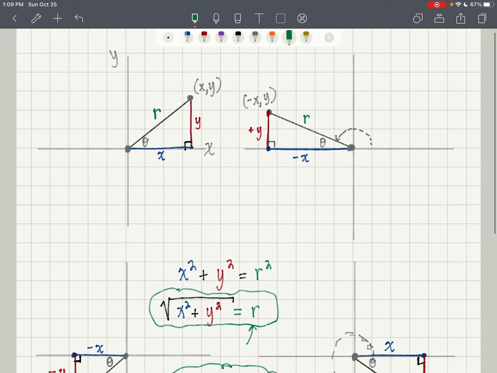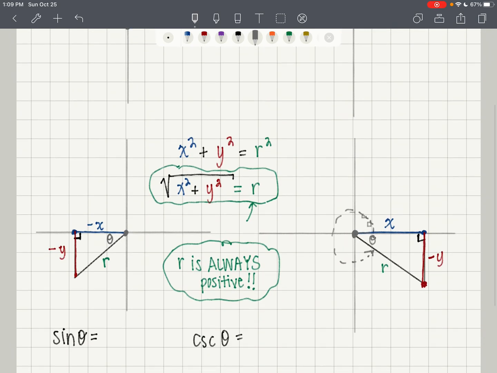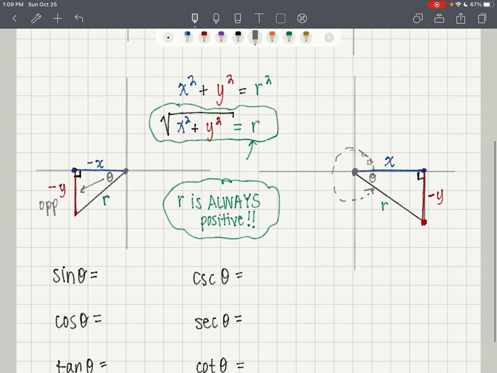So now let's look at any one of our triangles. We'll look at our first triangle right here. From theta, our reference angle, y is the opposite side. From theta, in our right triangle, draw an arrow going to the opposite side, y is the opposite side. From quadrant 3, theta, draw an arrow going to the opposite side, that's y.